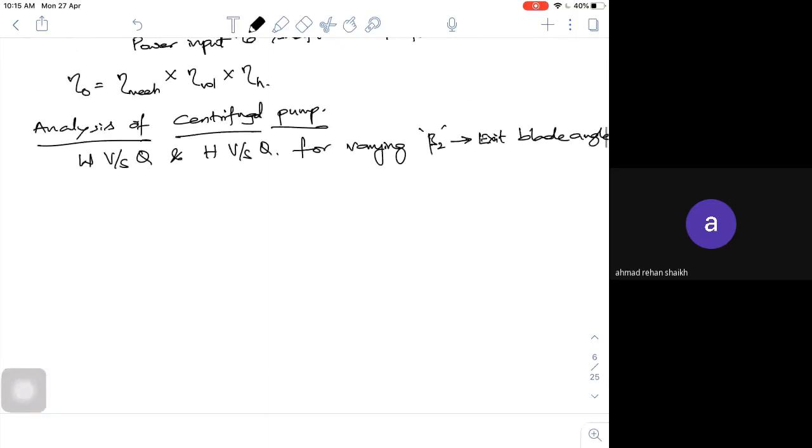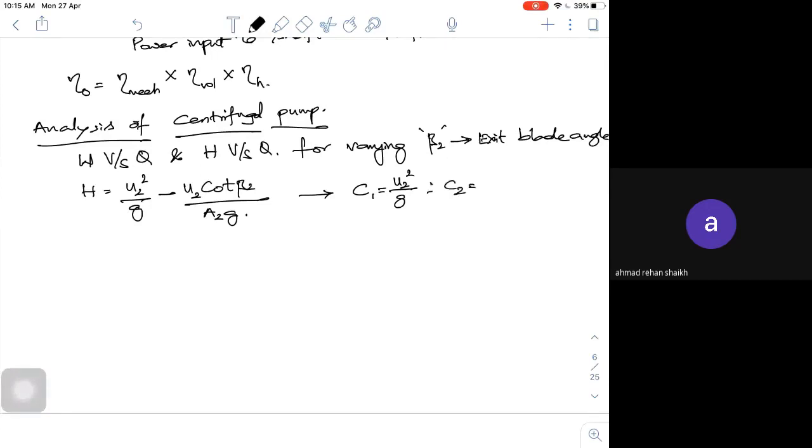We have got this equation. What is the H equation? H is equal to U2 square by G minus U2 cot beta 2 by U2 into G. If you write in terms of W, this will be U2 square, and your C2 is equal to U2 cot beta 2 by A2 into G. So you have to put the Q. Without G, I will get W. With G, I will get the corresponding height.